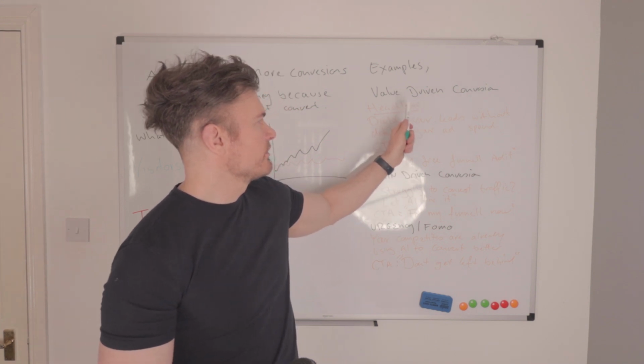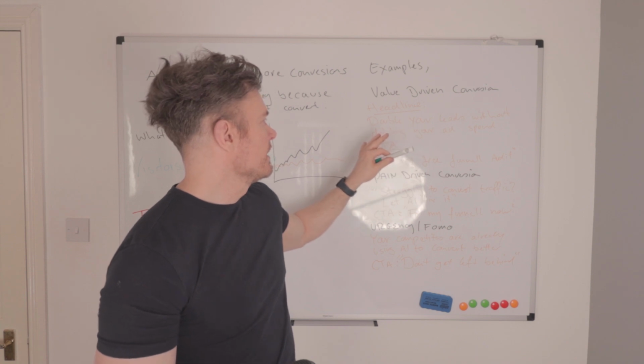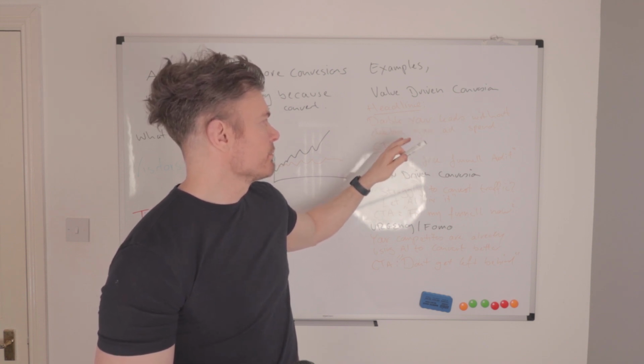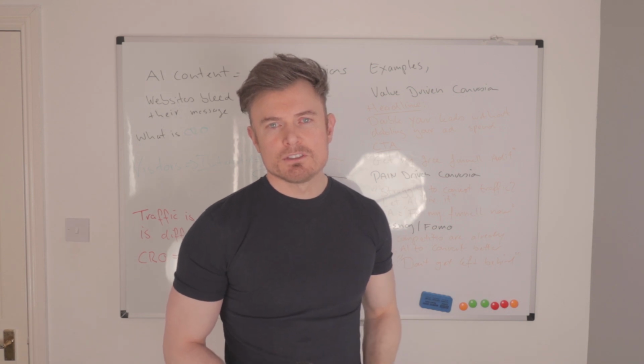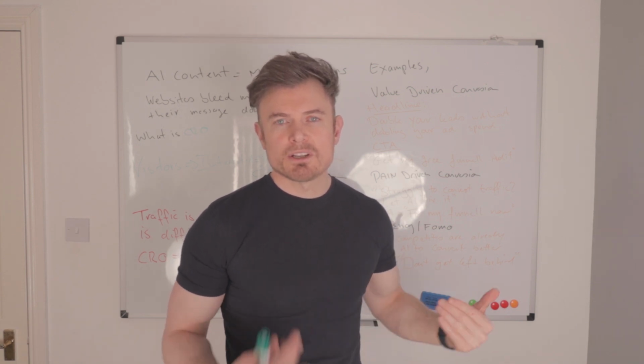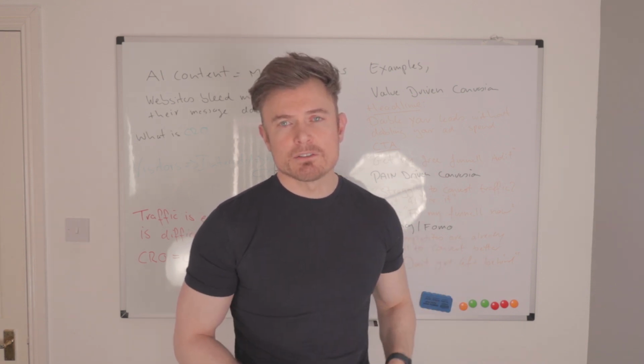So for example, this one is value driven conversion, and the headline is: double your leads without doubling your ad spend. That's something that might be attractive to someone who's landing on our website, who has got a website that's generating traffic but it's not actually getting enough customers.